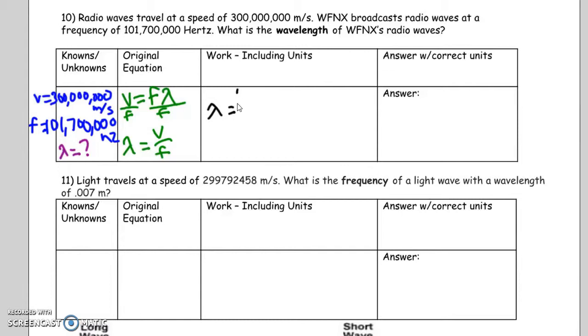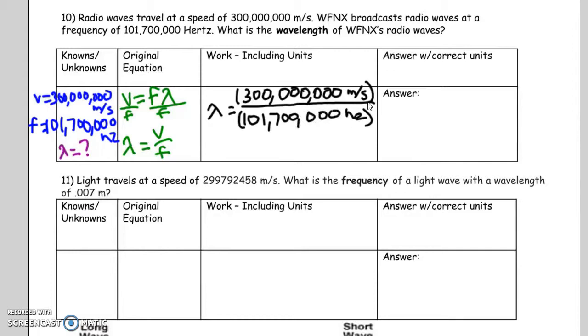Lambda equals 300 million meters per second divided by a frequency of 101,700,000 hertz. Definitely going to use my calculator for this one. And I get out a wavelength of 2.95 meters per second.